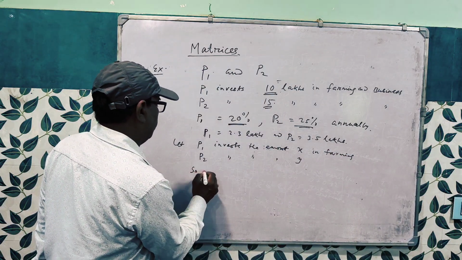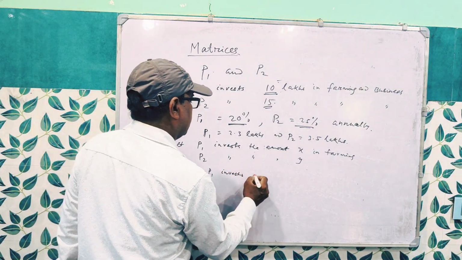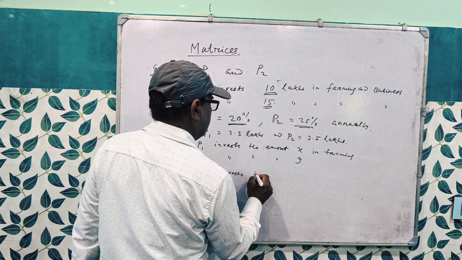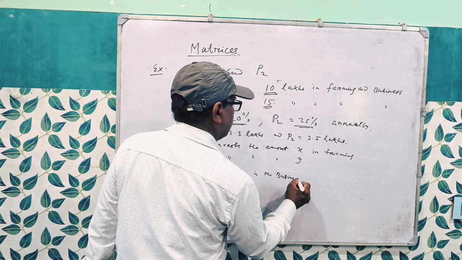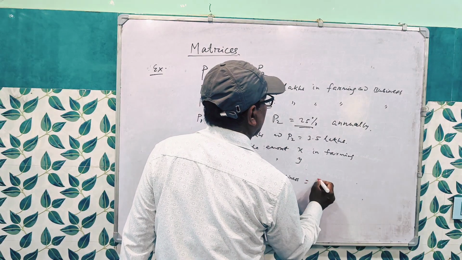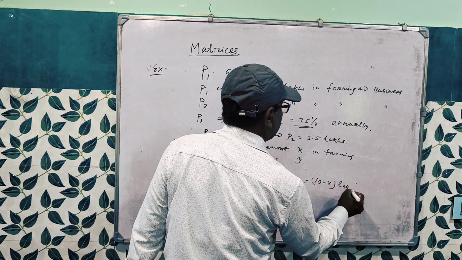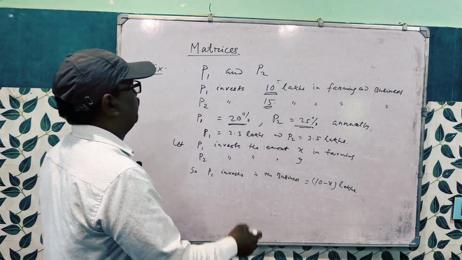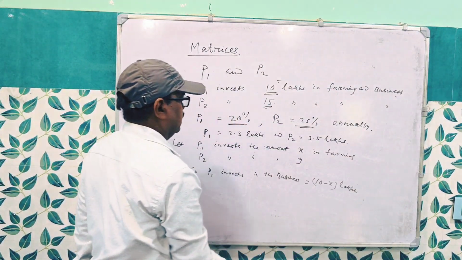So P1 invests in the business 10 minus X lakhs. P1 invests 10 lakhs in both farming and business.